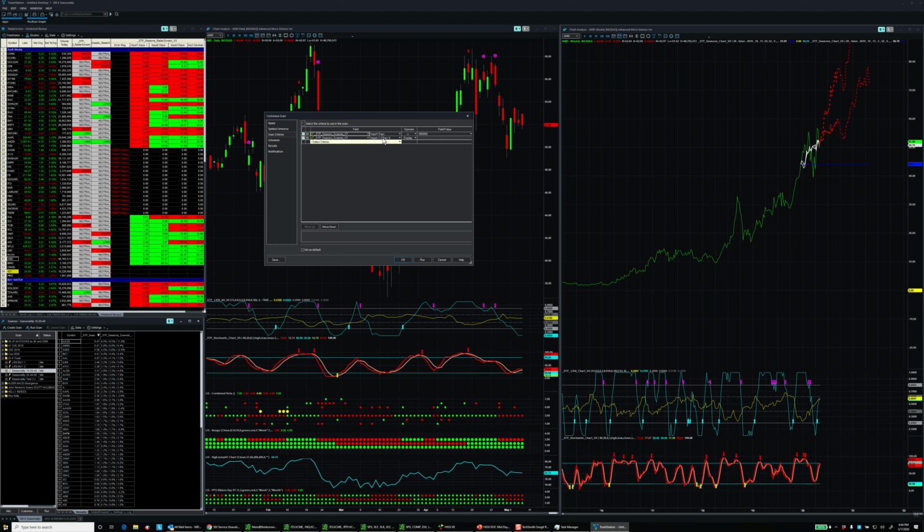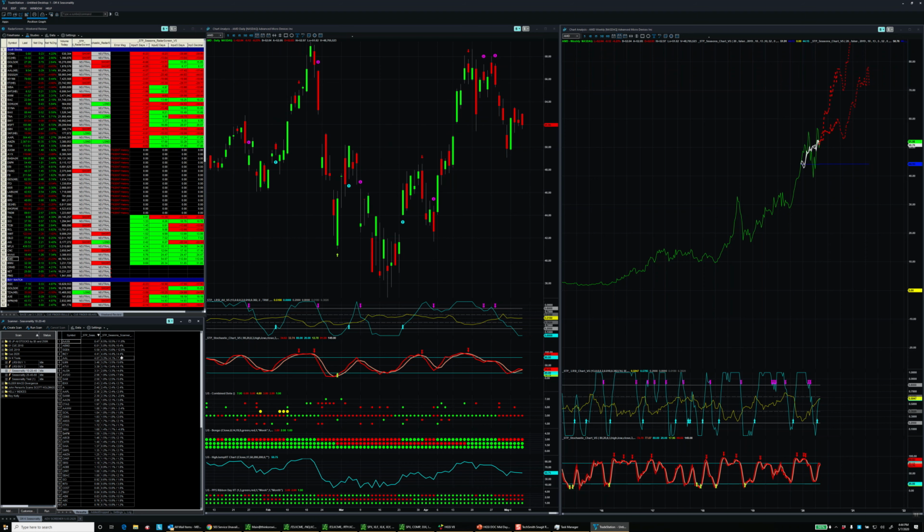I want to see those 3 columns. And what I set this for was 10, 20, and 40. And I'm scanning a list that I put together of the stocks that I follow. And what I found was that scanning a list does not limit me to what's in my watch list.